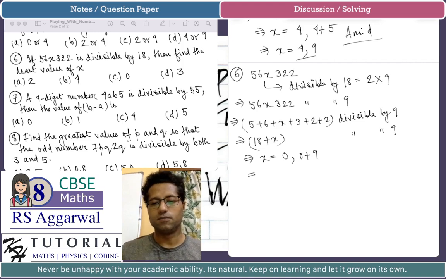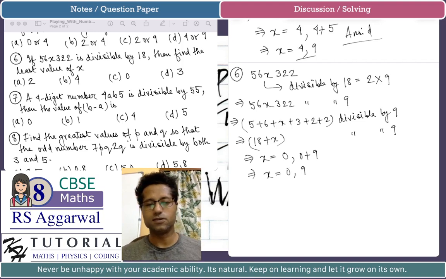So the possible values of x are 0 and 9, but 9 is not given in the choices. So the correct choice will be C.